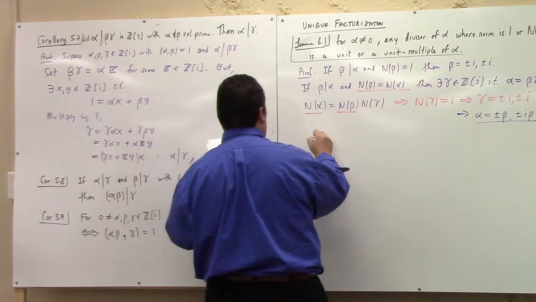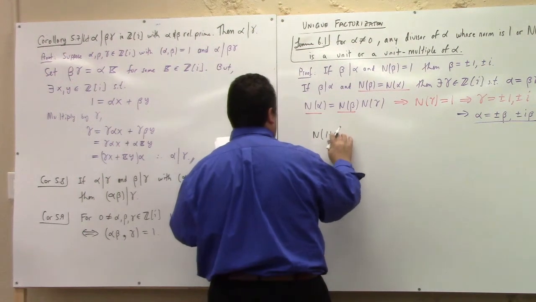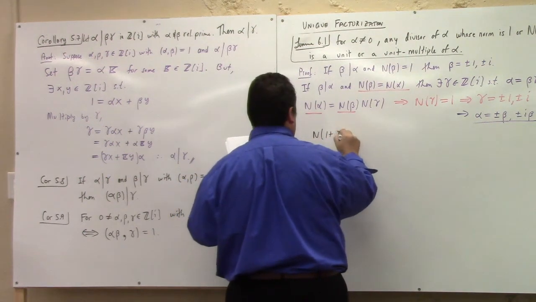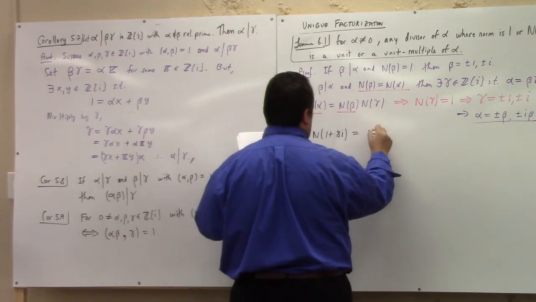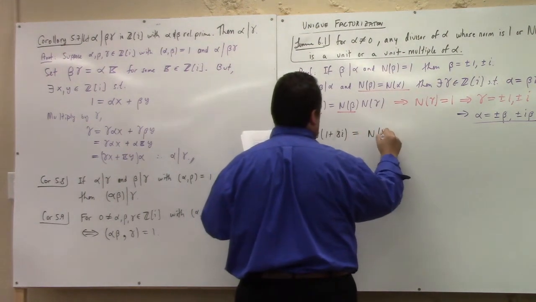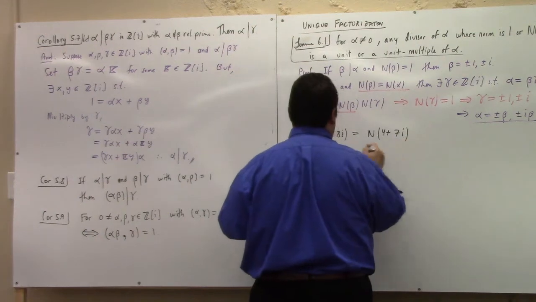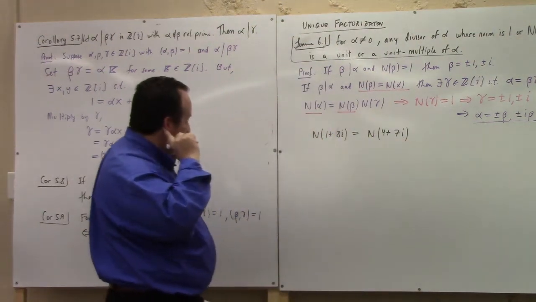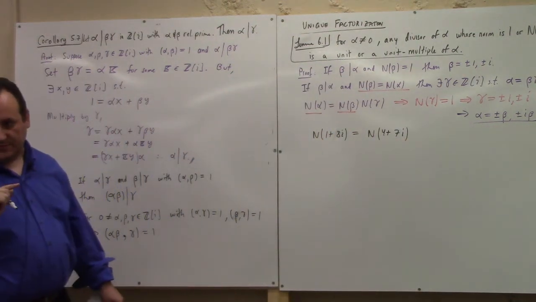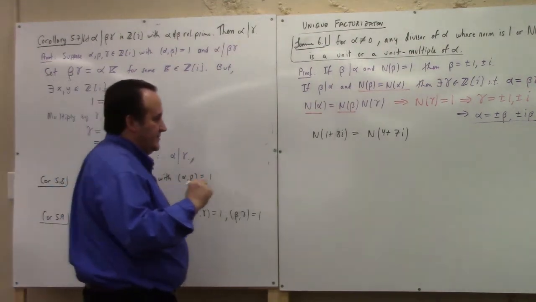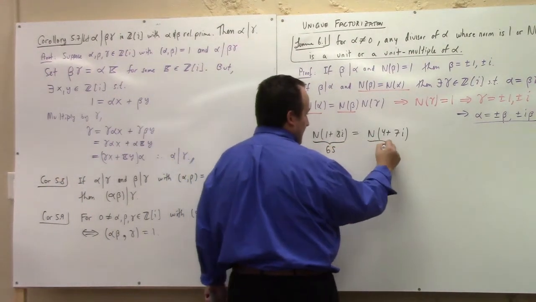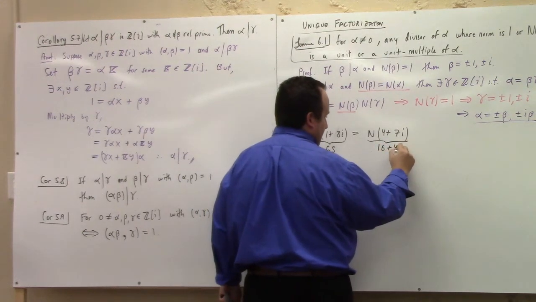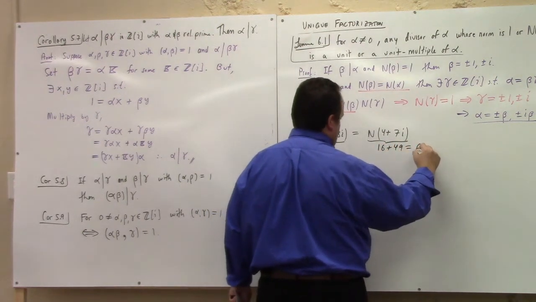So if you look at the norm of 1 plus 8i, and you look at the norm of 4 plus 7i, these are definitely not unit multiples, right? But their norms are equal. Because this is 65, and this is 16 plus 49, which is also 65.